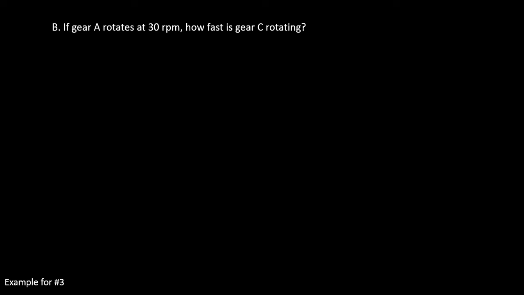So let's look at an example that would be equivalent to number 3 on your 1.1.3 activity. We're using the same information. If gear A rotates at 30 RPMs, how fast is gear C rotating?